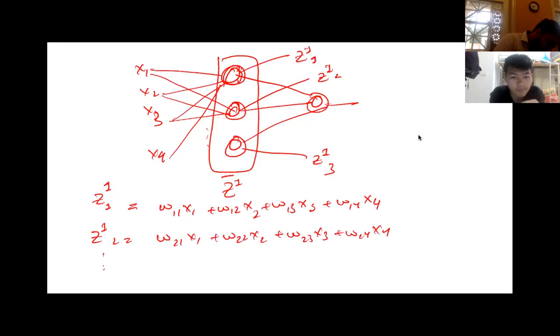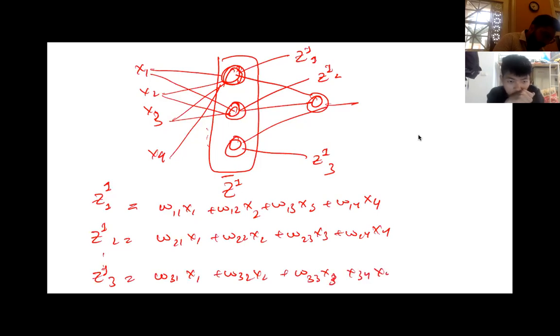And Z13 would be W31 x1 plus W32 x2 plus W33 x3 plus W34 x4.